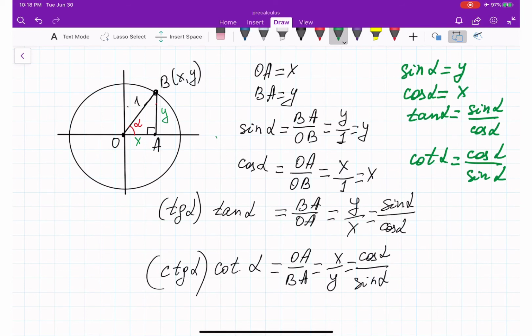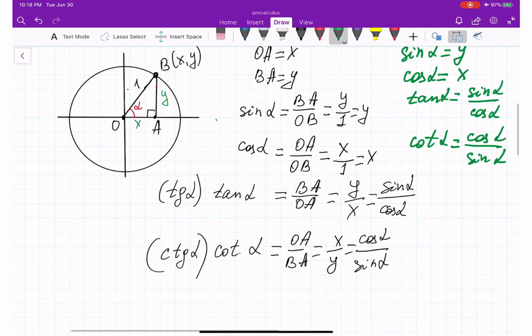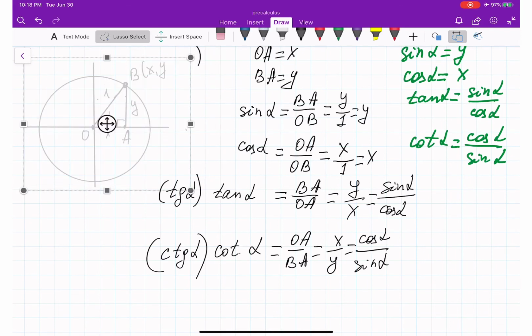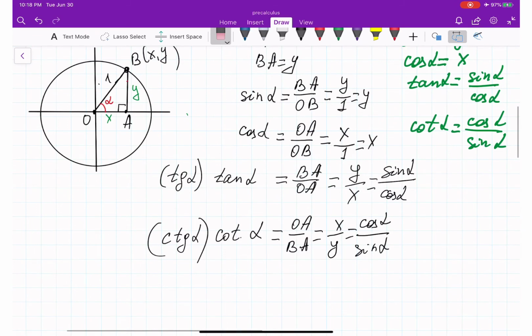All right, so from this triangle with the right angle, I can say, based on Pythagorean theorem, let me move this a little bit down. So it's equal x squared, based on this triangle with the right angle.